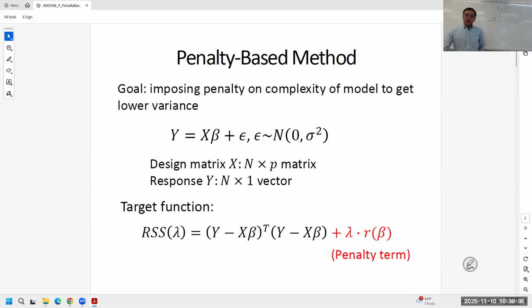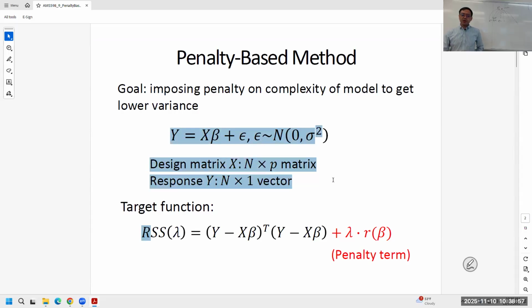The goal of the penalty-based method is to impose some penalty on the complexity of the model to get lower variance. That's the motivation. For example, for the regression y = Xβ + ε, you should be very familiar with linear regression.